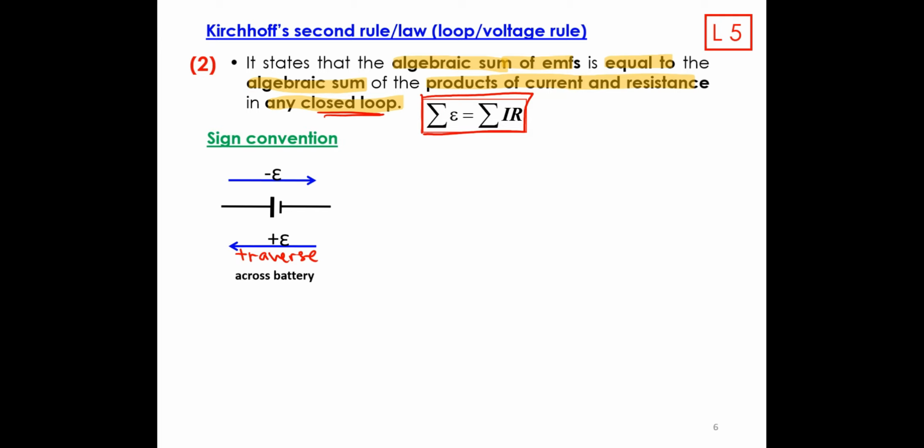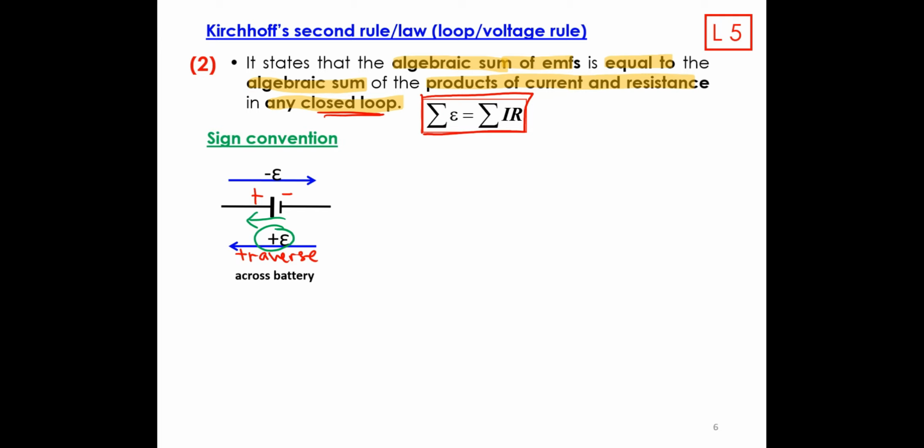And this is in the same direction as the EMF, because this is positive and this is negative. We can see that this is in the same direction. If the same direction, your EMF would be positive. Similar to the previous one.